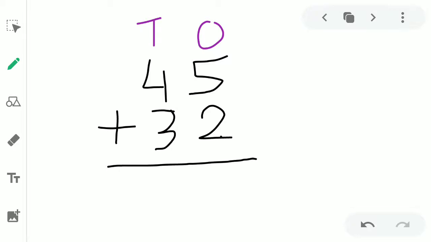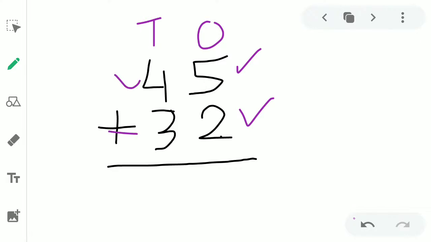If you see, here we have two numbers at the place of ones, 5 and 2, and here we have two numbers at the place of tens, 4 and 3.